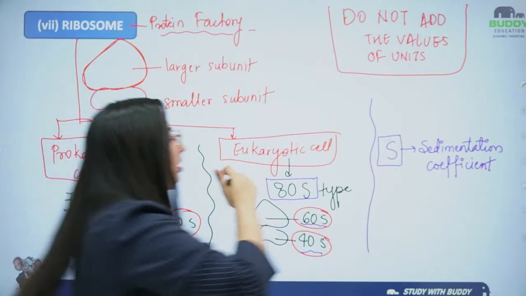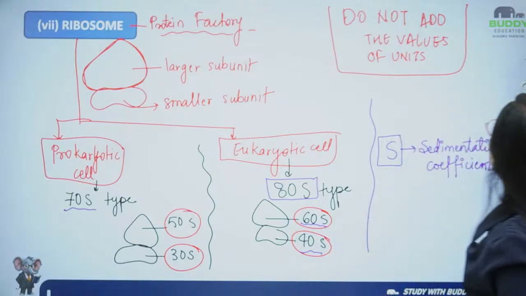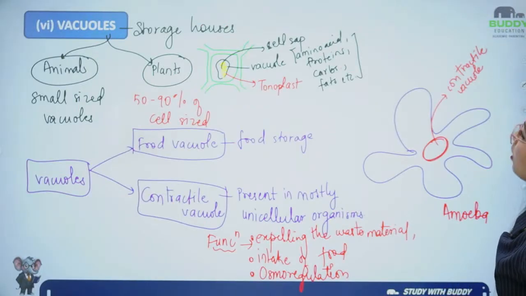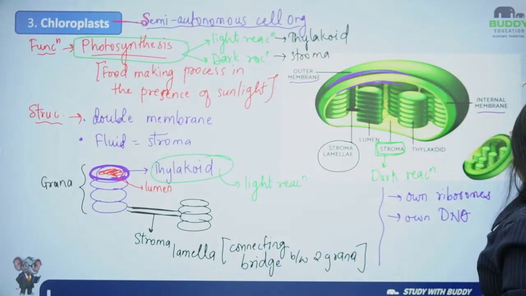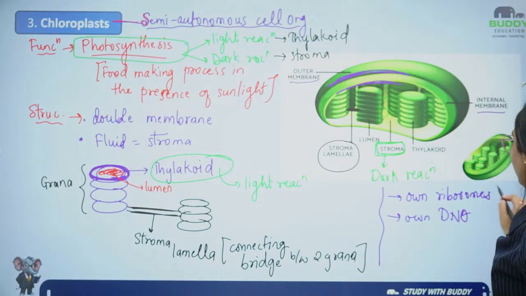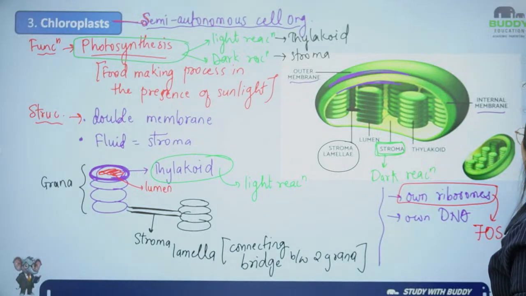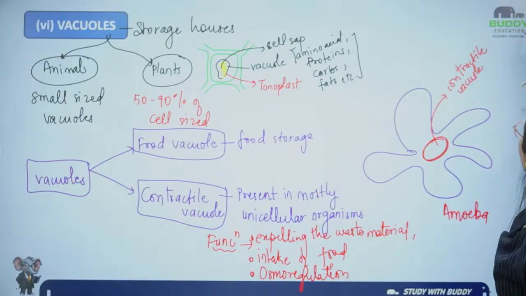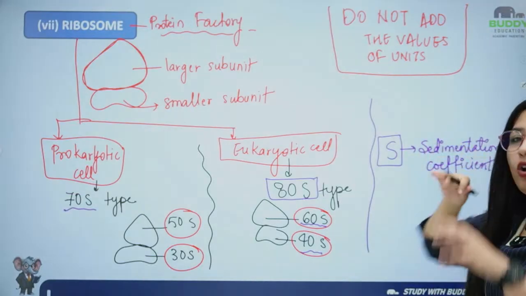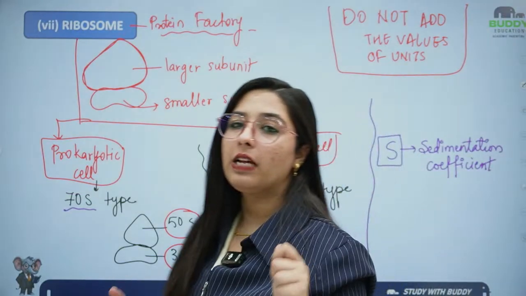So when I said they consist of their own ribosome, here it means 70S type of ribosome. But the whole eukaryotic cell includes 80S type of ribosome.